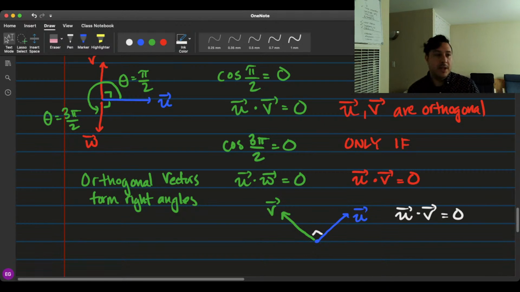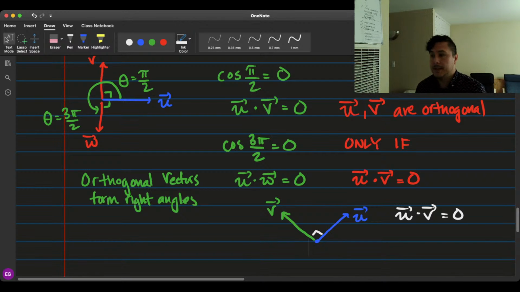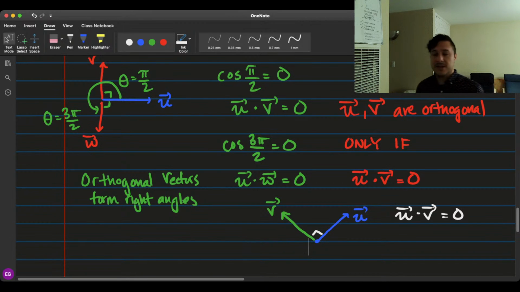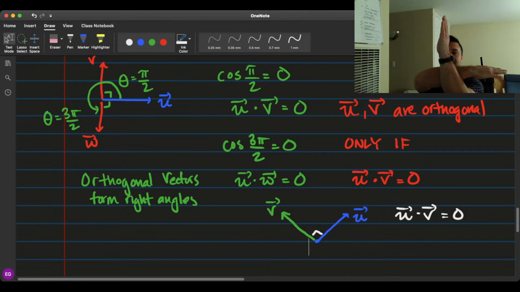Why would you be interested in u and v in this sort of way? Yeah, it forms a right angle, I said that, but what else do you work with that forms a right angle, that is one of the basics you use in mathematics for graphing? Yes, it's a pair of axes. This is basically the x and y axis, rotated.